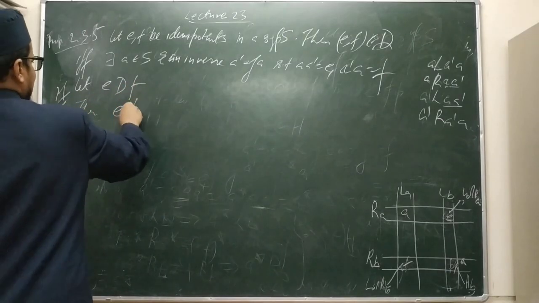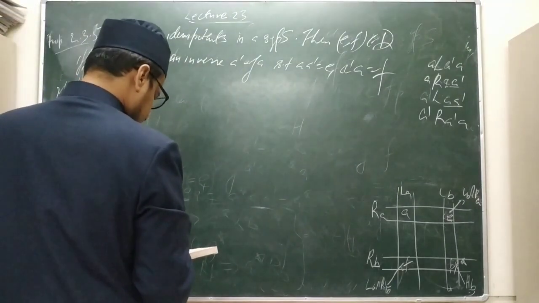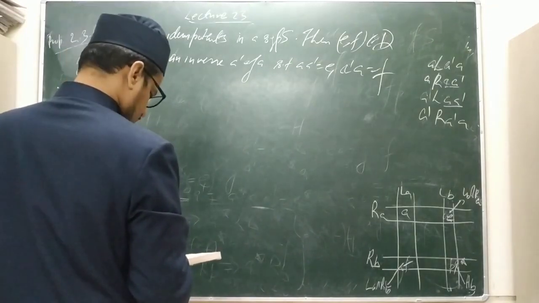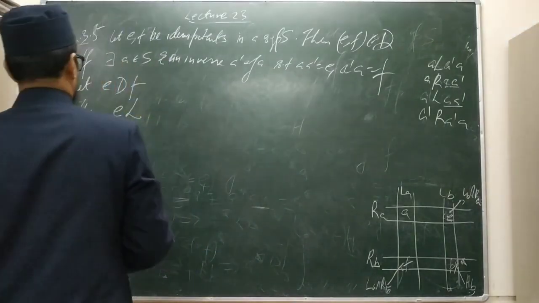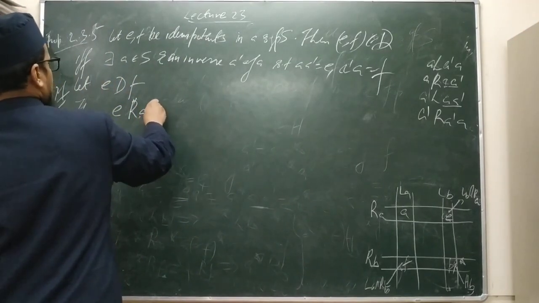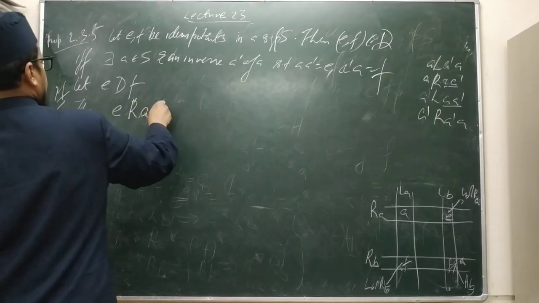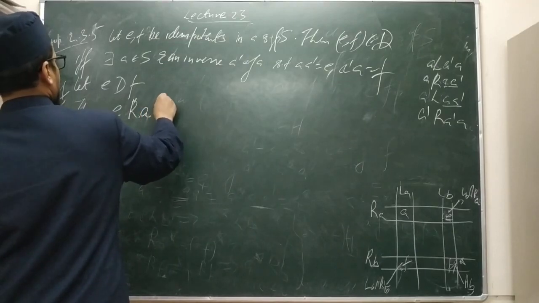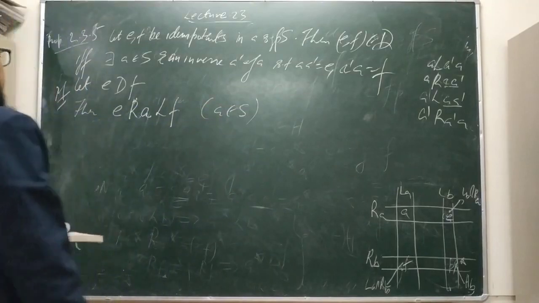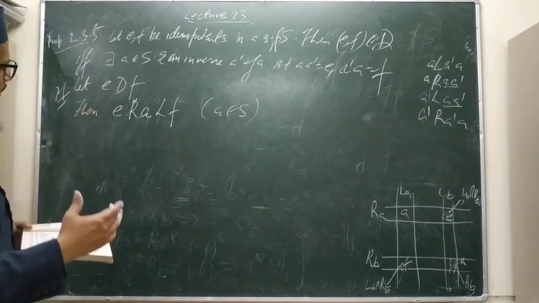Then there exists some A in S such that E R A and A L F, correct?